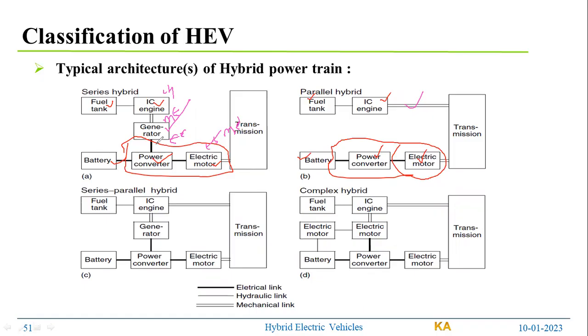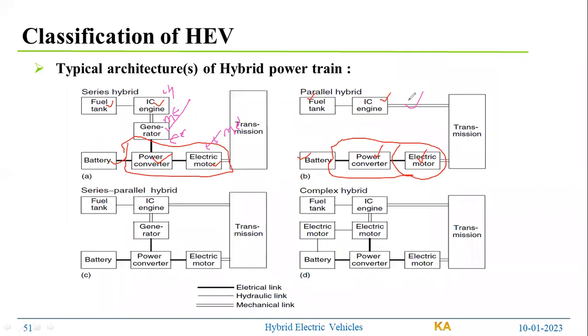But the complexity in the parallel hybrid is that you have an extra mechanical link over here. This mechanical link creates complexity in the control aspects. Switching between your IC engine and the electric motor, or the electric motor and the IC engine, requires a stringent and complex control. The motor size is less in parallel, while in series an extra generator size is required.